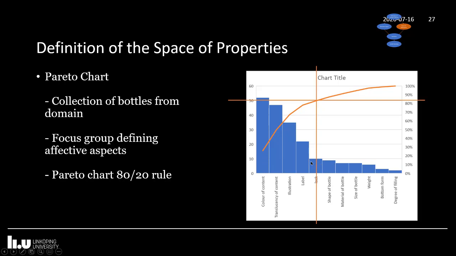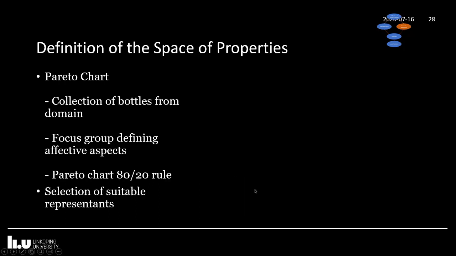Then the form of the lock could be included or not. In this case, we chose not to include it because it was too different from those things. Illustration and label belong together in some way. Translucency and color both refer to the content. So we thought that would be enough to describe the bottle itself.